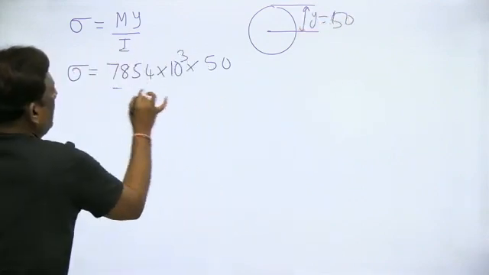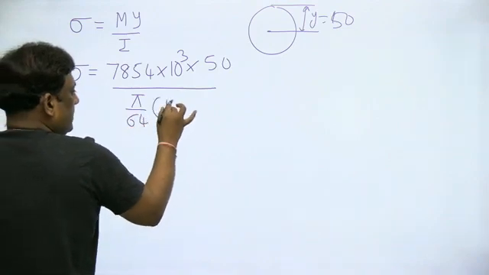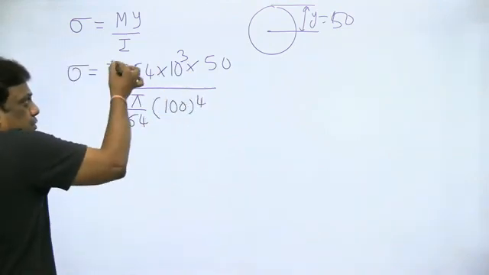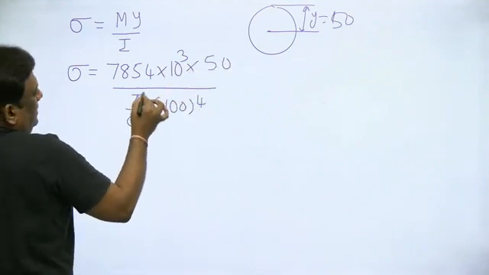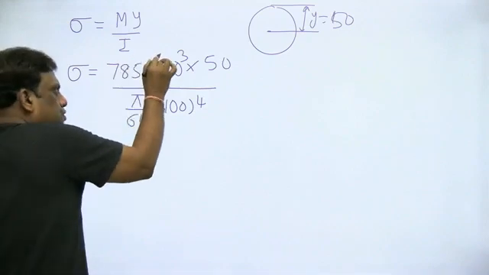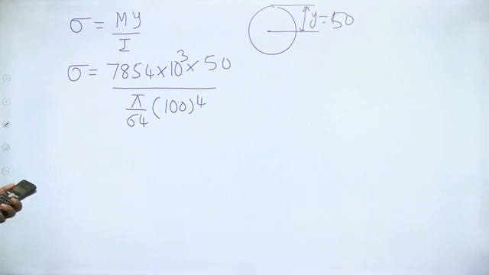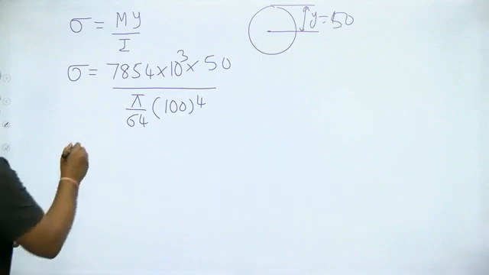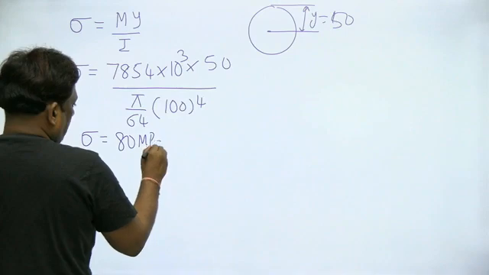For a circular section, I is pi by 64 into diameter 100 power 4. This is Newton mm, this is mm, this is mm power 4, so you will get this in Newton per mm square, which is megapascal. Let me calculate, into 50, divided by I. I am getting this as 80 megapascal.